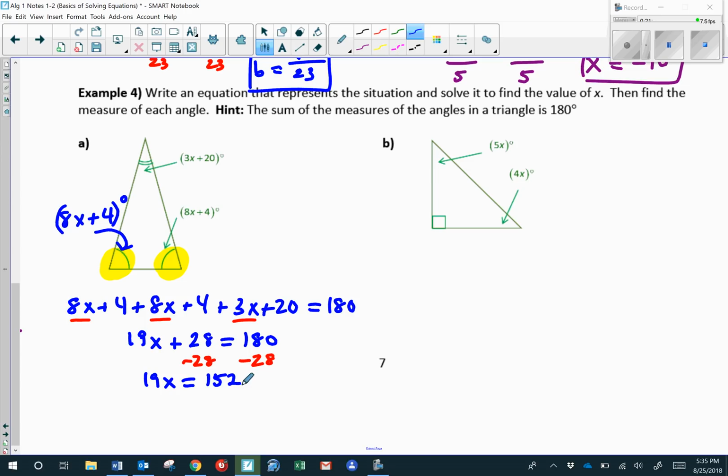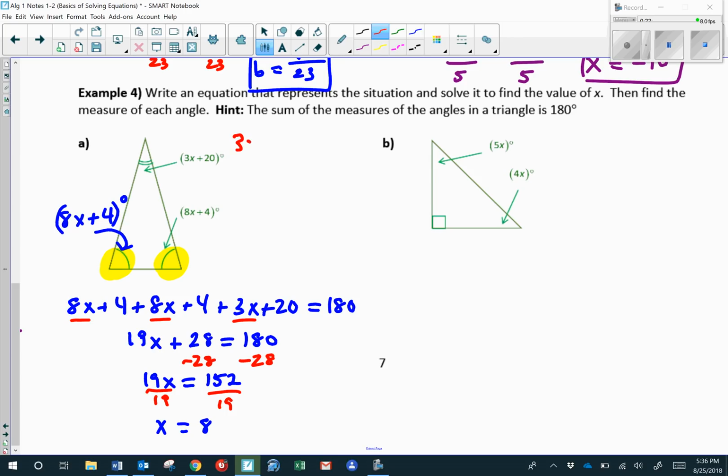And then if we divide both sides by 19, that's going to give us a result of, let's see, how many times does 19 go into 152? I believe it goes 8 times. So that's the value for x. Actually, that's not the answer to the question, though. The answer to the question is, what are the measures of the three angles?